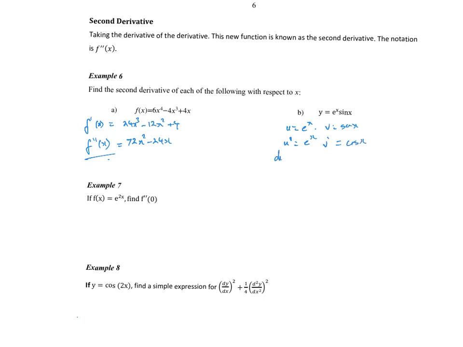Then dy dx is equal to the derivative of the first times the second function plus the derivative of the second function times the first function. So we might write that as e to the x out the front of sine x plus cos x.